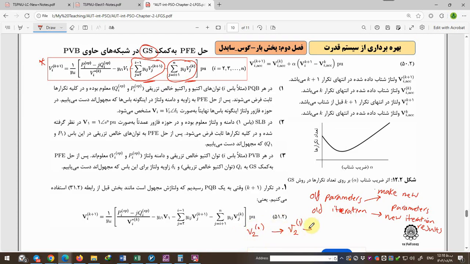And for finding V2 in iteration 2, you have to use V2 in iteration 1. The new iteration needs old parameters like V2 iteration 1.